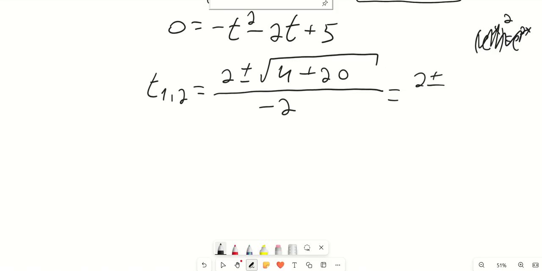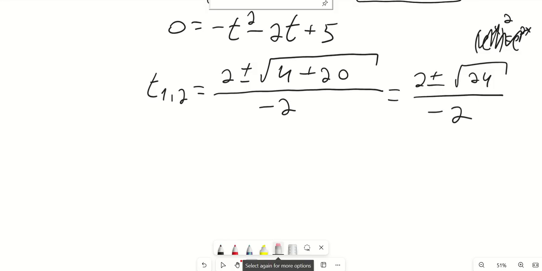So I get here 2 plus or minus the square root of 24 divided by negative 2. Now I will say that 24 is like 6 times 4. I have to take the square root of 6 times 4.